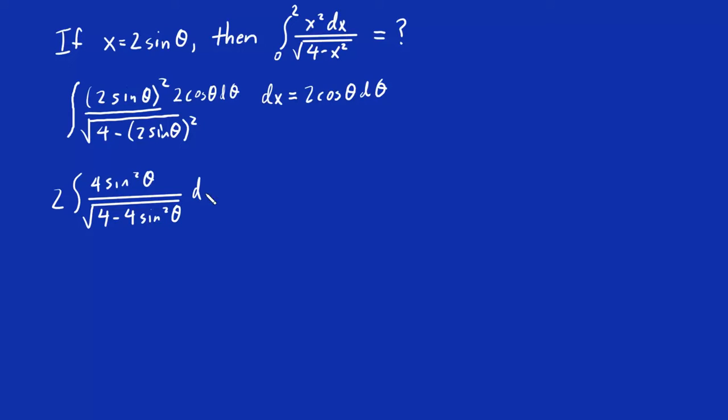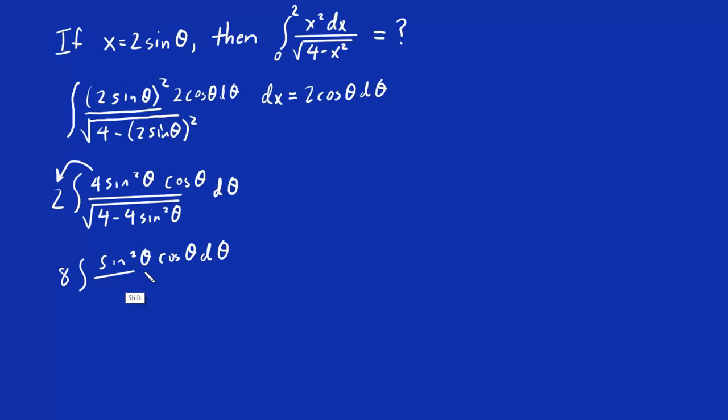We don't want to forget that we moved the 2 to the outside, but we don't want to forget the cosine theta d theta. Then we can clean up even further. We can bring this 4 out here, and let's make that 8 times the integral of sine squared theta cosine theta d theta.